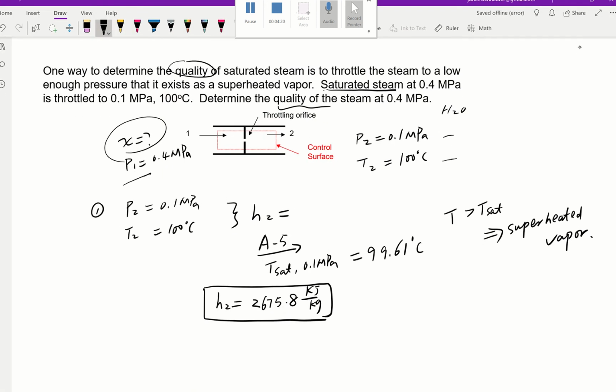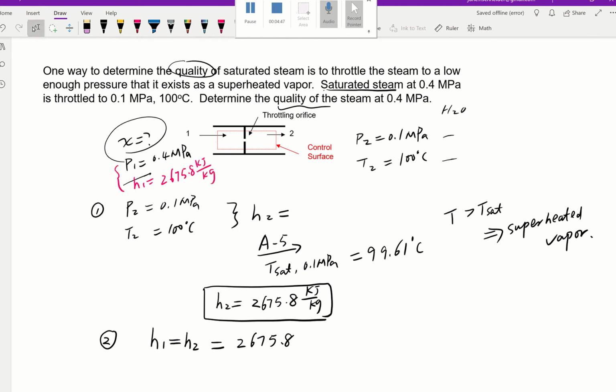That's our first step. Now we know for a throttling device H1 is equal to H2. Then we can therefore find our H1. It's the same value. Knowing that, we can come back and write down the H1 value right here, because that's going to be our second property.